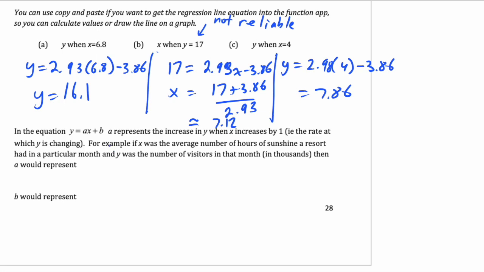Now sometimes, well, actually the a value, the slope, always has some sort of meaning.